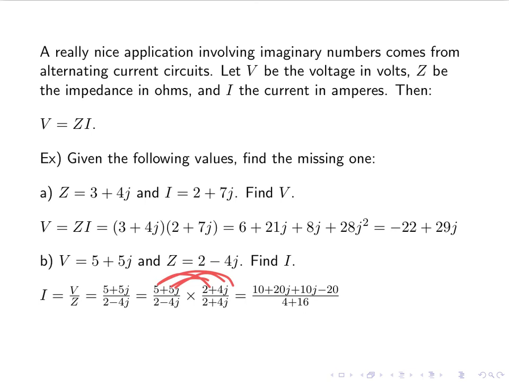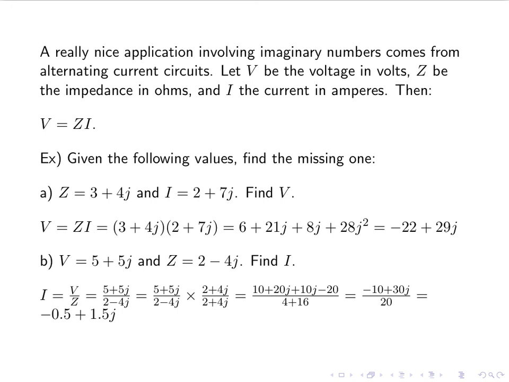The bottom is again a squared plus b squared, so 2 squared is 4, -4 squared is 16, so we get 4 plus 16 on the bottom. We will combine like terms, so we get the 4 plus 16 is 20 on the denominator. The numerator, 10 minus 20 gives me -10, 20j plus 10j gives me 30j, and you always want to simplify.